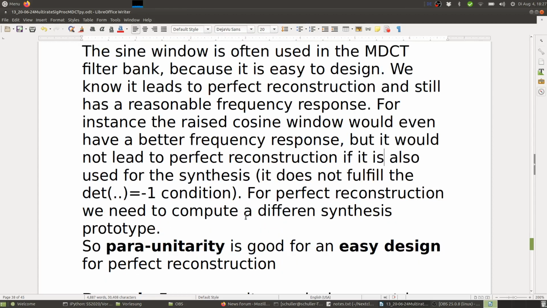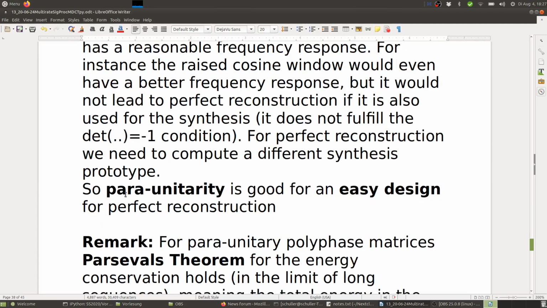For perfect reconstruction, we need to compute a different synthesis prototype. So paraunitarity is good for an easy design for perfect reconstruction.